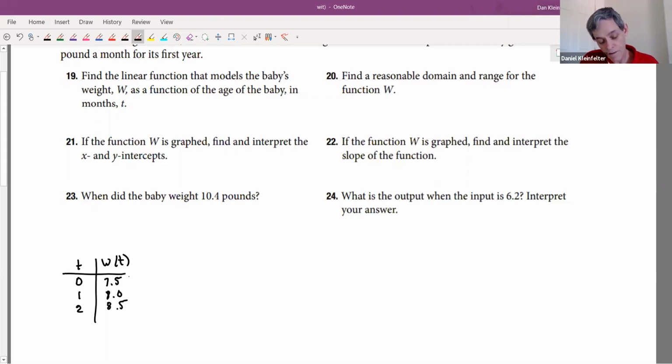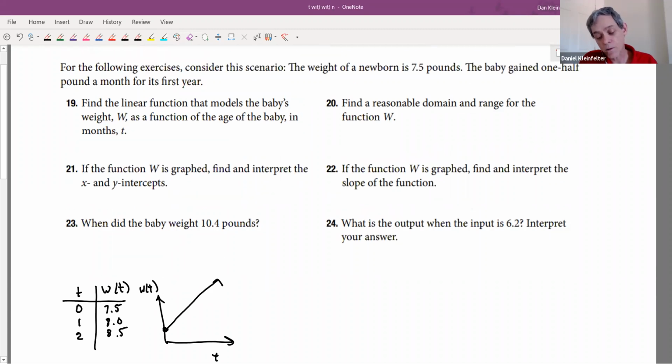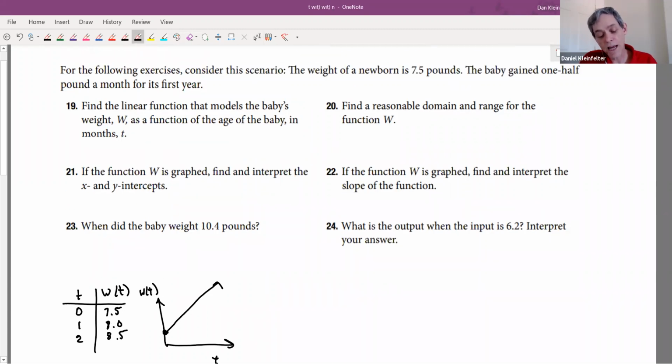So the graph, which we'll need to do here in a bit, the horizontal axis is going to be time. The vertical axis will be the weight as a function of time. When the time is 0, we know the y-intercept is going to be 7.5. And so to write down the formula, we just need the slope. We're told that the baby gains 1/2 pound per month in its first year.